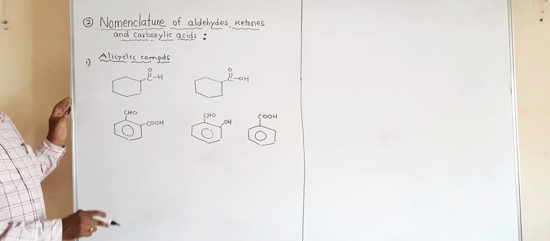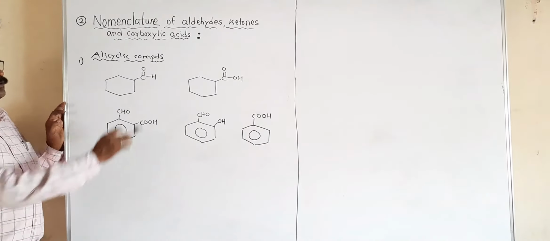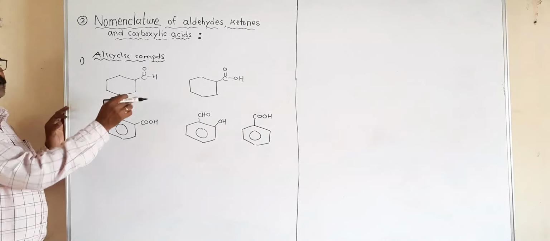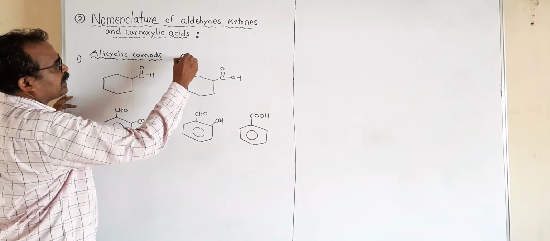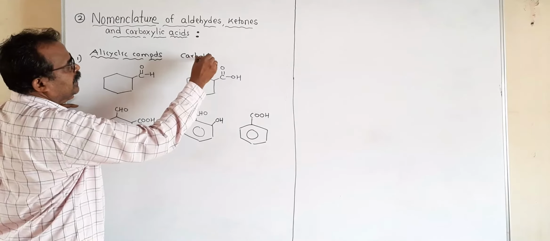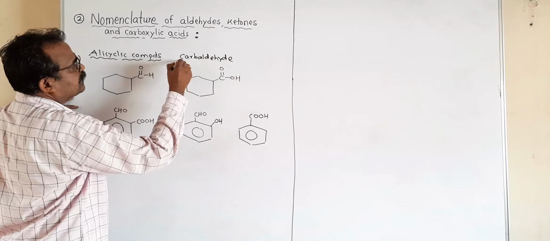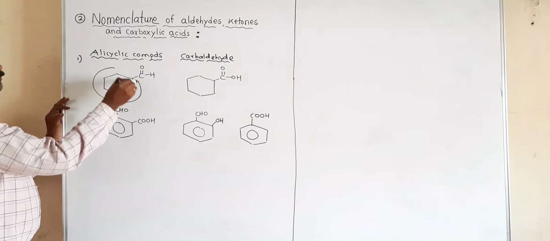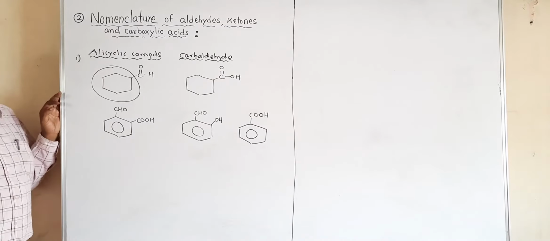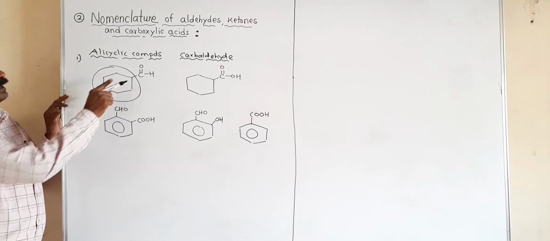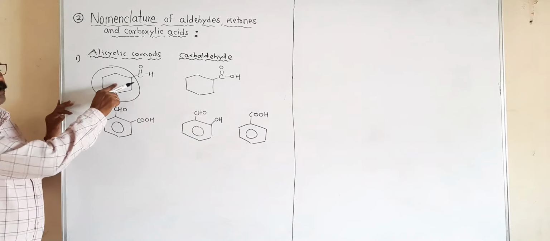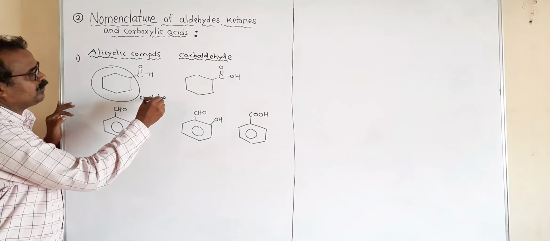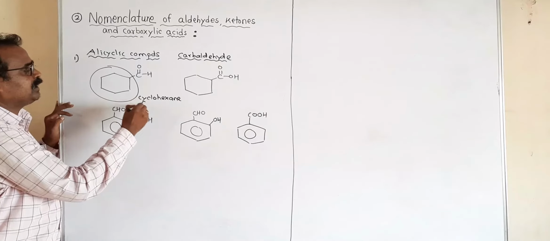In case of alicyclic compounds, when the aldehyde group is directly attached to the ring, then the aldehyde is named as carbaldehyde. For example, consider this structure in which the alicyclic ring is a six-membered ring. So this is known as cyclohexane carbaldehyde.